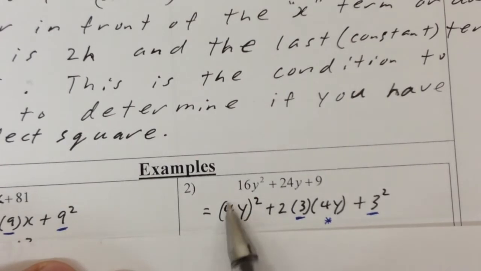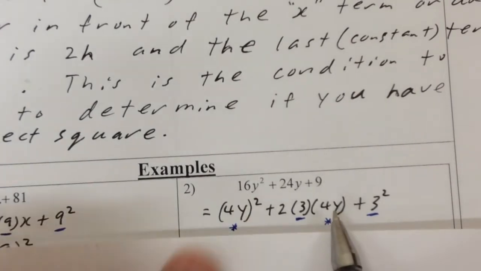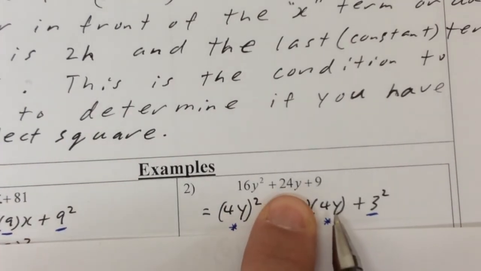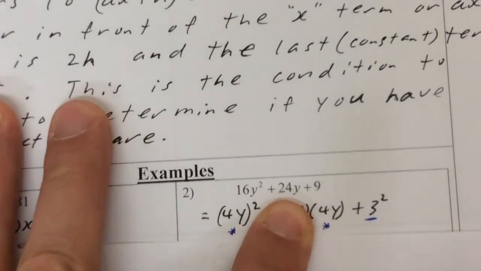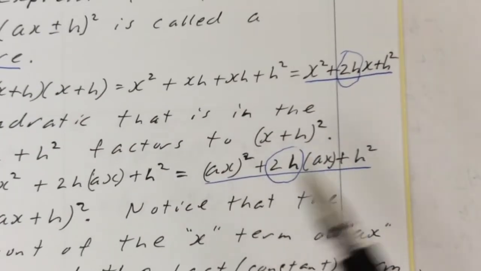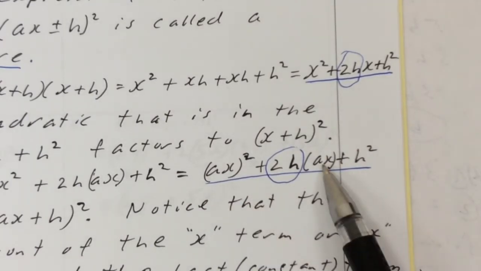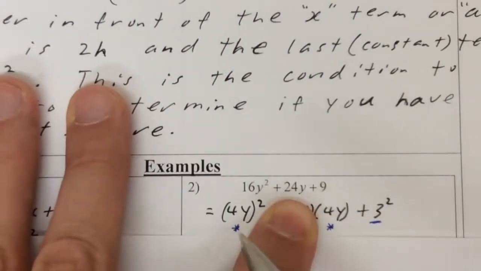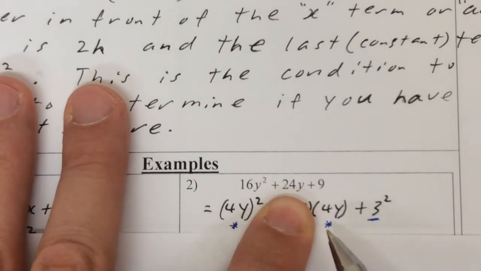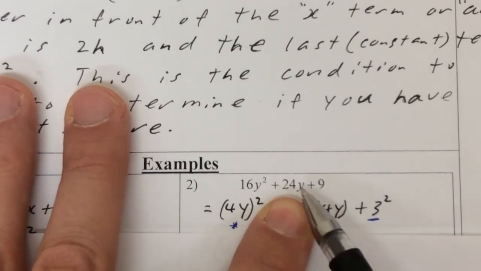Now because I'm putting 4y here, I need a 4y right there. Just as we had in here, if we have ax there, we need an ax here. That ax is 4y. So if I put a 4y there, 4y times what is 24y?